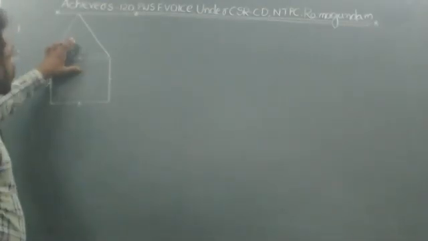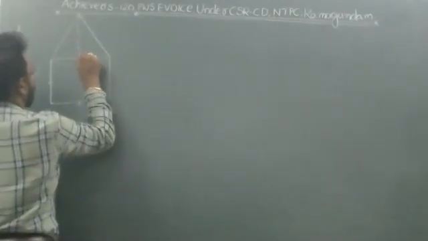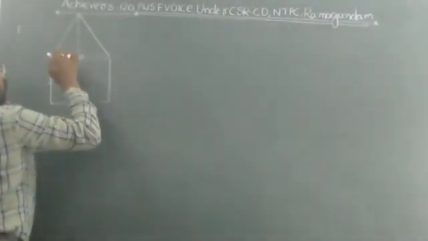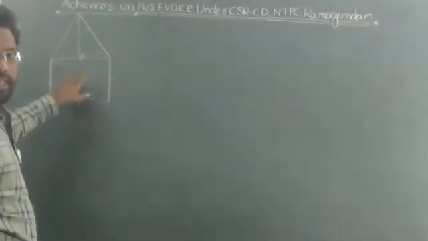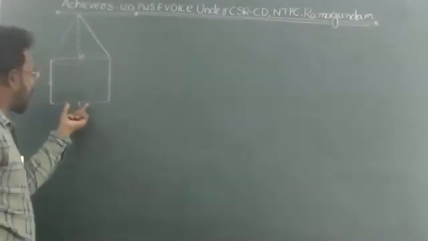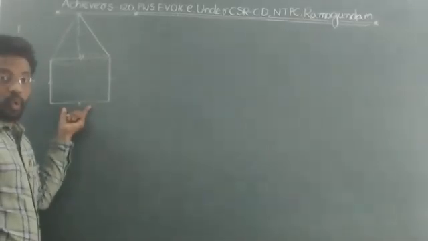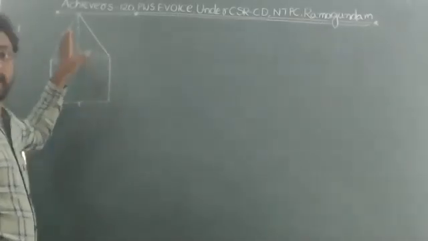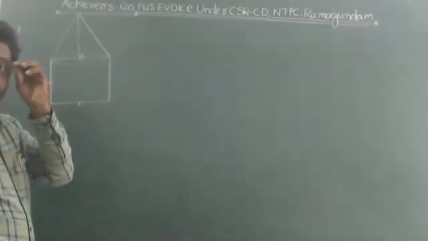What will be the radius of the cone? That will be half of the side. What is the side of the cube? In that, the diameter also will be the same.